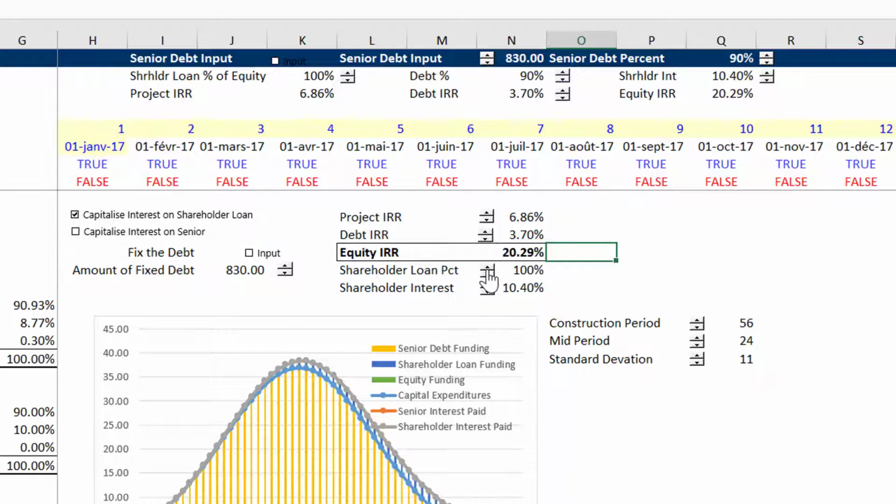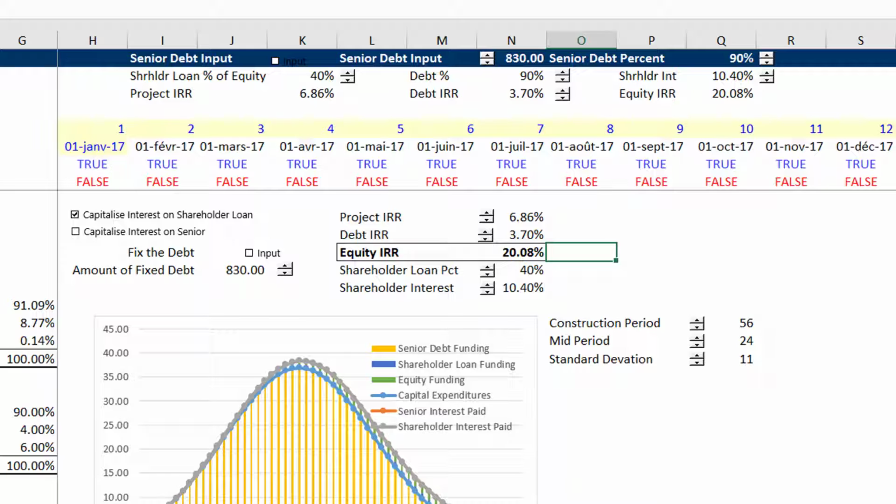I wasted a whole lot of time on this capitalized interest, but sometimes it's good to go through it. So it goes from 19.91 to what was that? It didn't make that much of a difference, but it did certainly improve the IRR, okay?